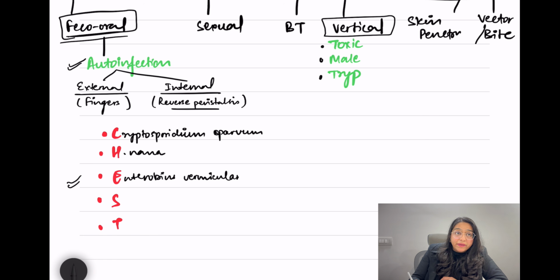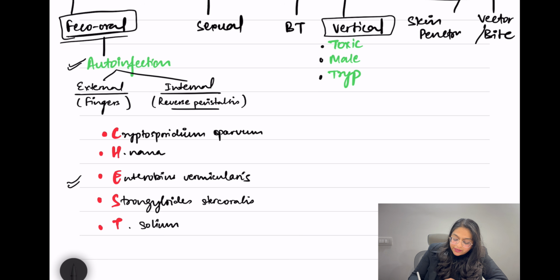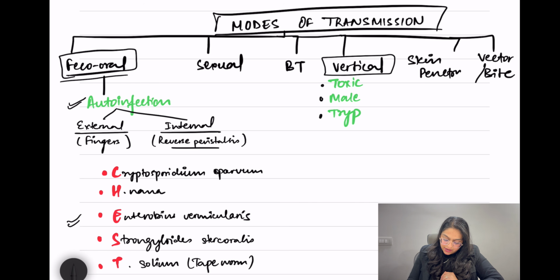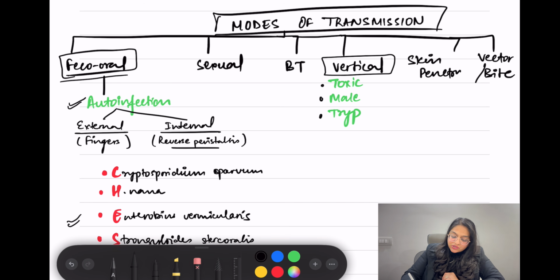What was the other name? Pinworm. Strongyloides stercoralis and Taenia solium, which is your tapeworm. Okay. Strongyloides, Enterobius, H. nana, Cryptosporidium, Taenia solium. CHEST. Remember, auto-infection.